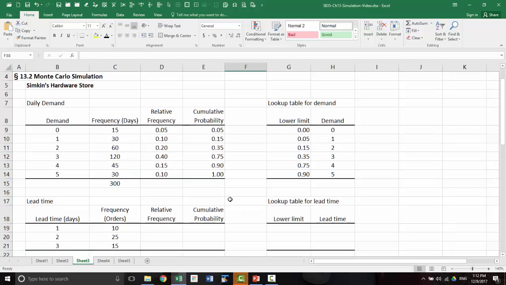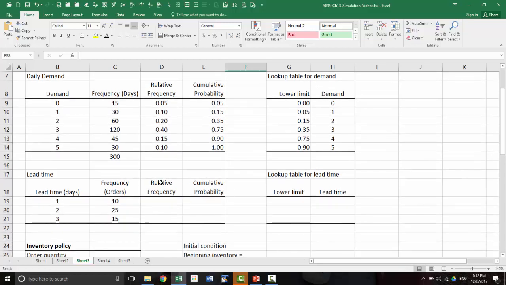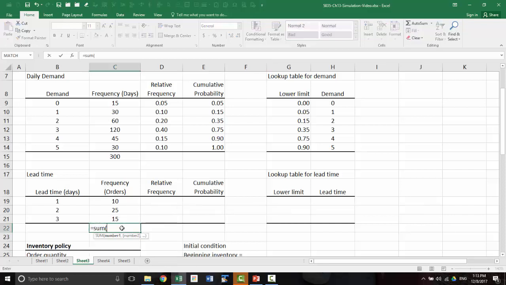All right. So now the second variable that we need to simulate is the lead time if an order is placed. Again we use the same structure as before, and remember this can very well be some other distribution instead of a discrete distribution like this.